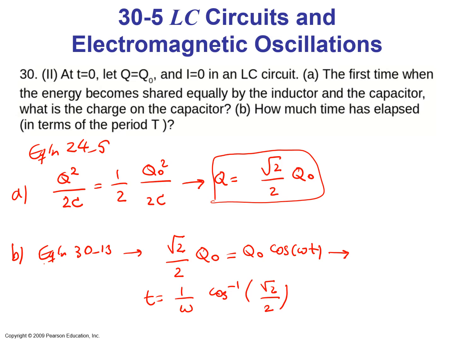That gives a pi over 4 value. Instead of omega, we can say 2 pi over T, and cosine inverse of root 2 divided by 2 is pi over 4. Let's plug in this value. So we have T over 2 pi multiplied by pi over 4. That gives us T over 8.